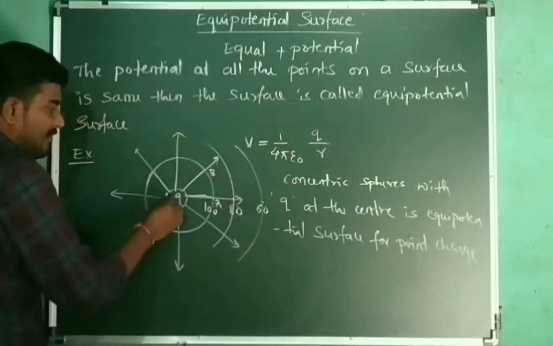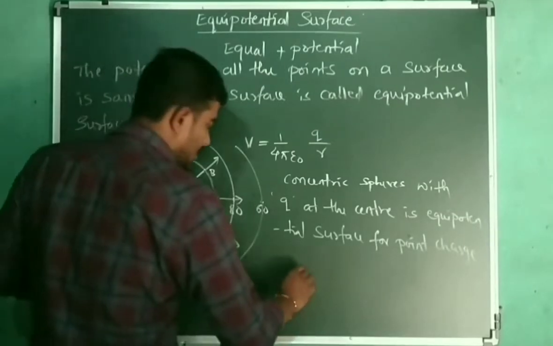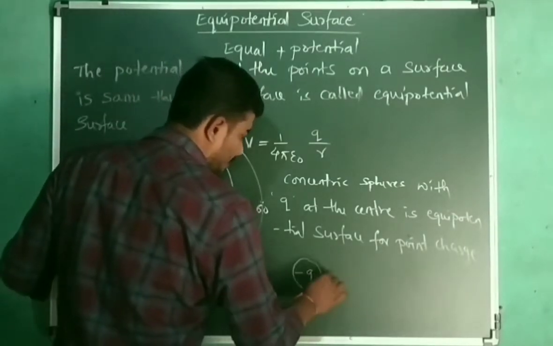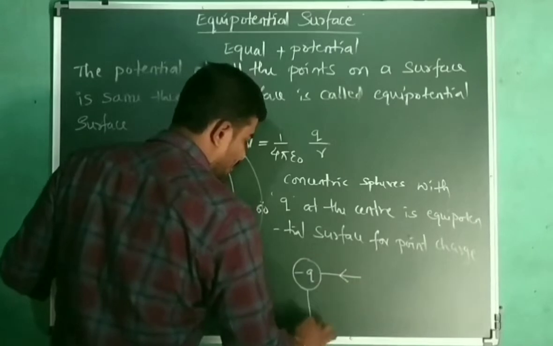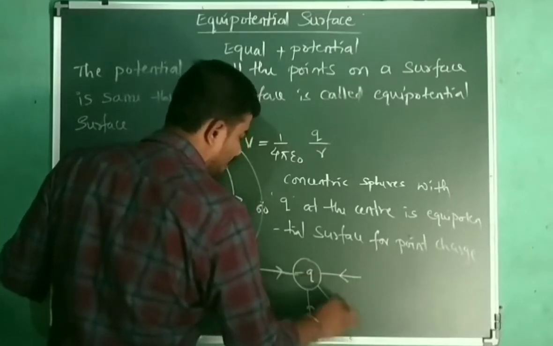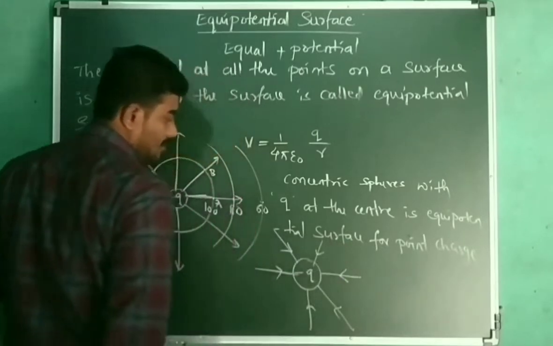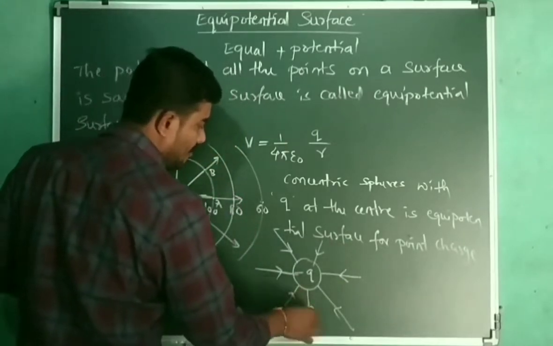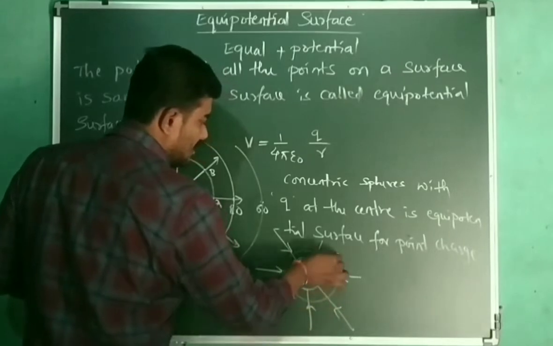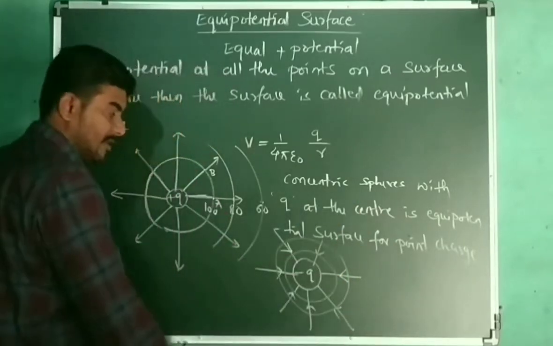No problem. If I consider a negative charge, negative q, the direction will be radially inward like this. Since it is an isolated point charge, the shape will once again be concentric spheres this way.